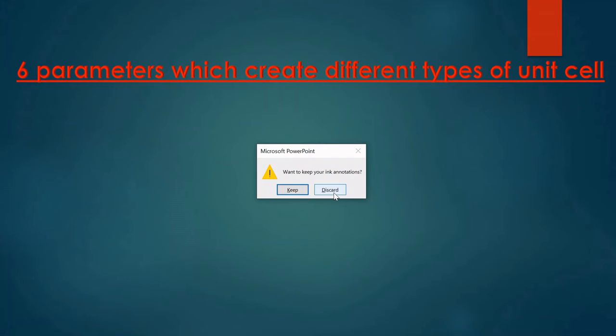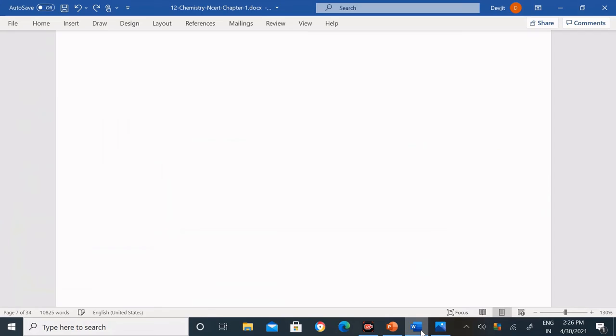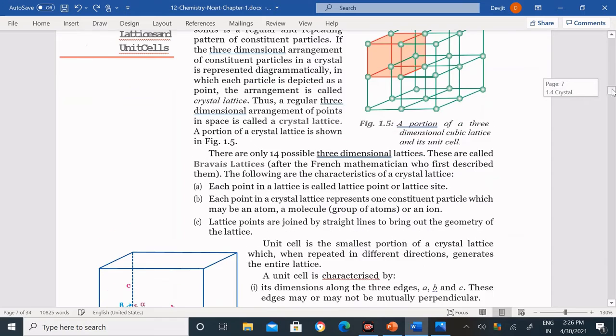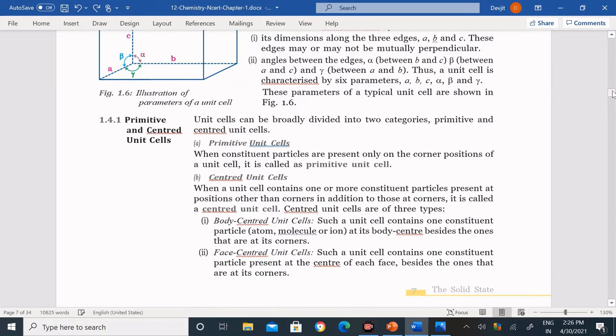So next thing is that let's have a look in NCERT. In NCERT also same thing is written what I just showed you. As NCERT is important, we should know that unit cell is of two types, primitive and centered unit cell. Primitive, where the constituent particles are only present at the corner, and in centered the constituent particles are present at the corners in addition to other spaces also.